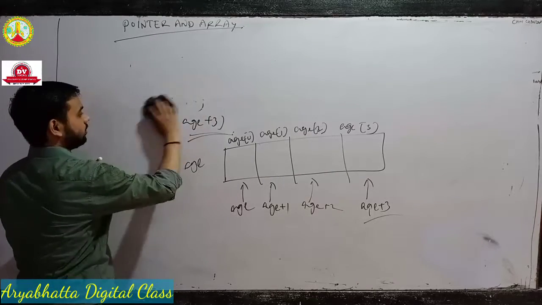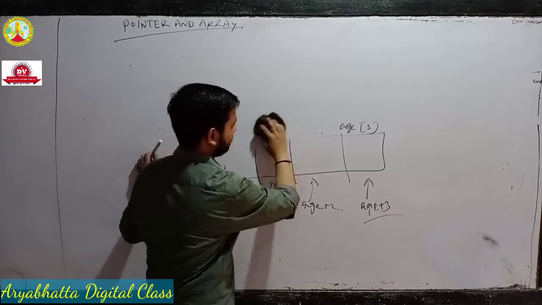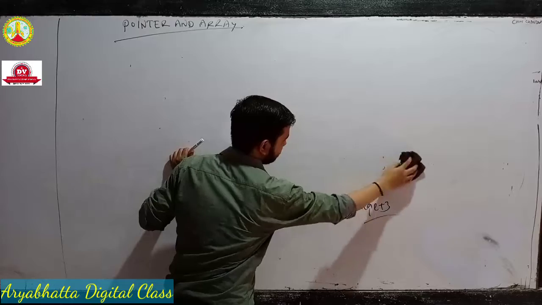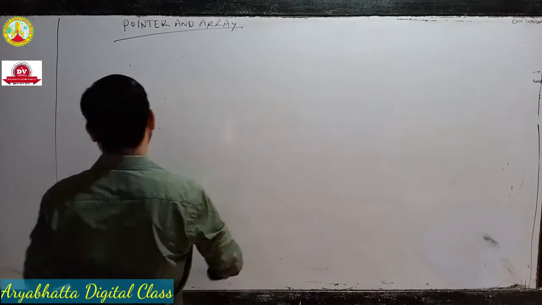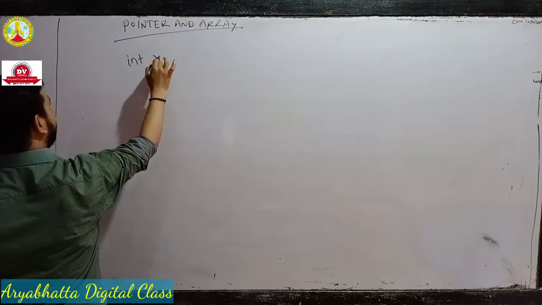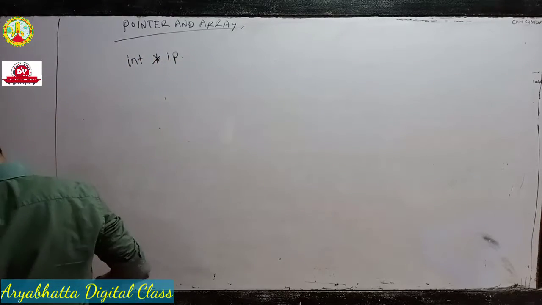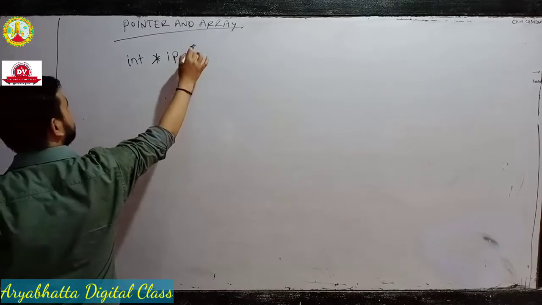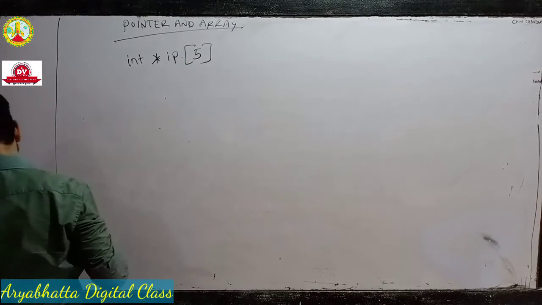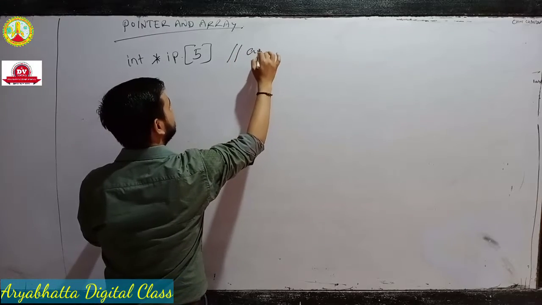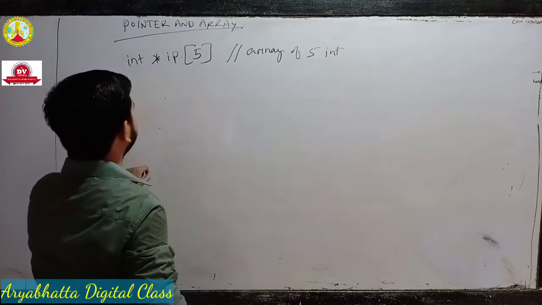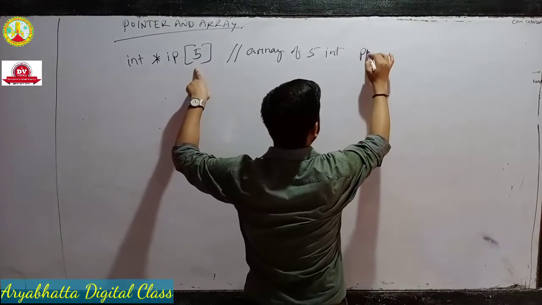Suppose an array of int pointers, one concept I show you. Suppose an integer pointer, int *ip[5]. Okay, means this is an array of 5 int pointers.